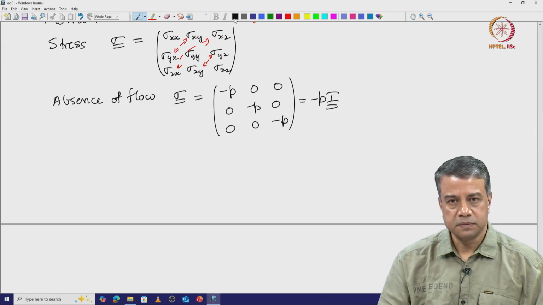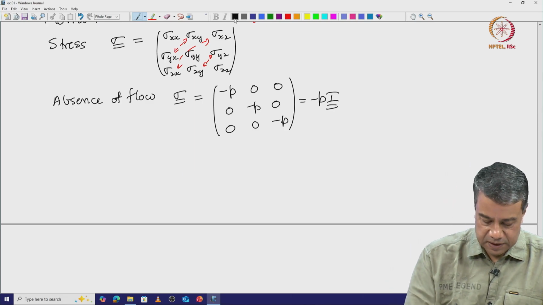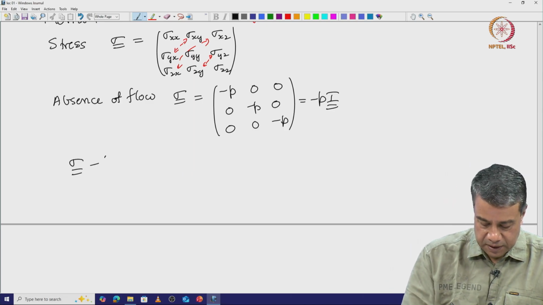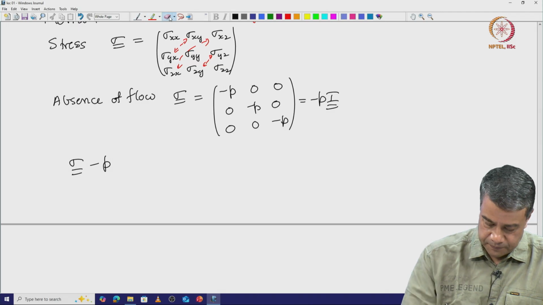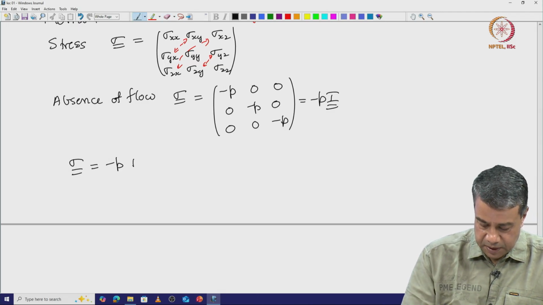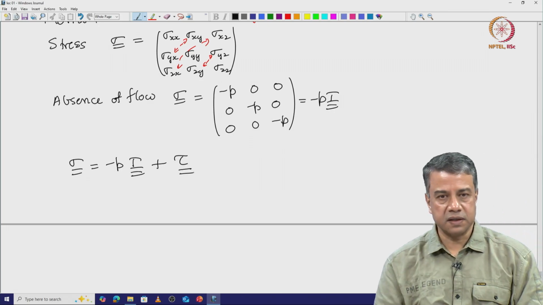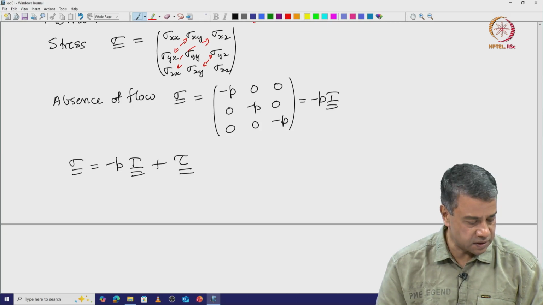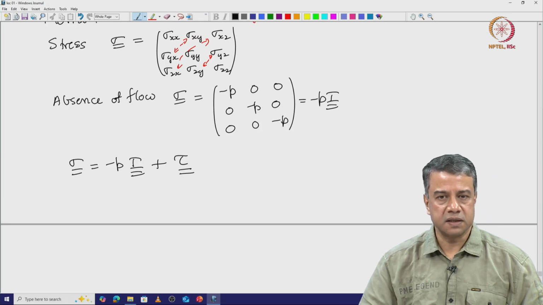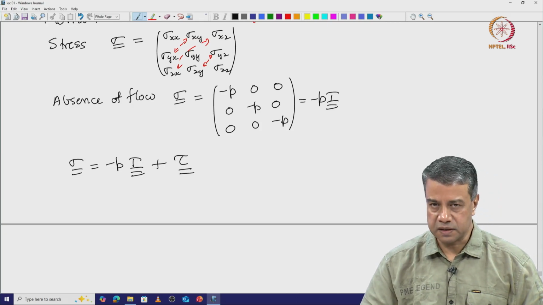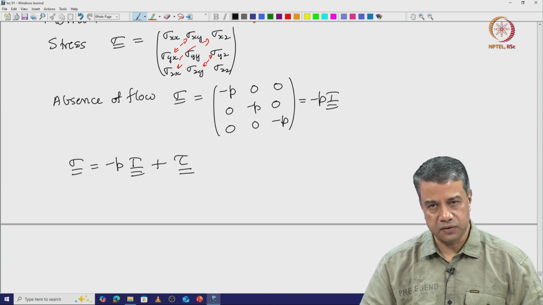In the presence of flow, the stress consists of minus P I plus what is called the shear stress. And this shear stress is related to the rate of deformation through the constitutive relation, that is Newton's law.